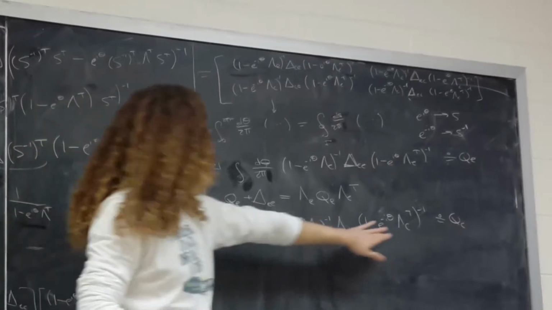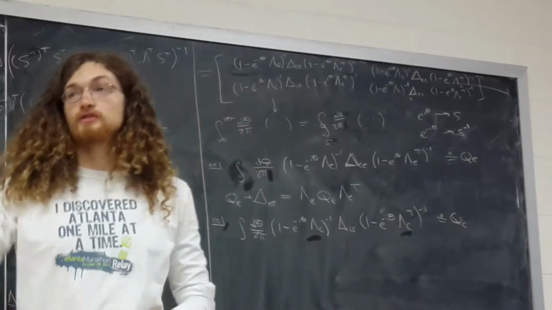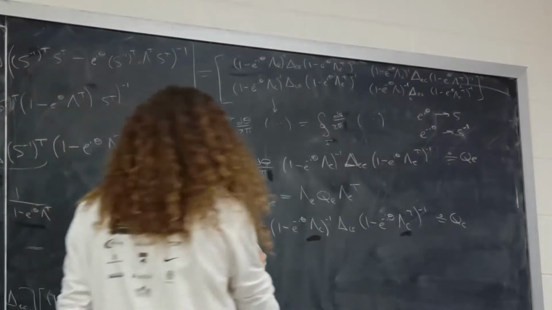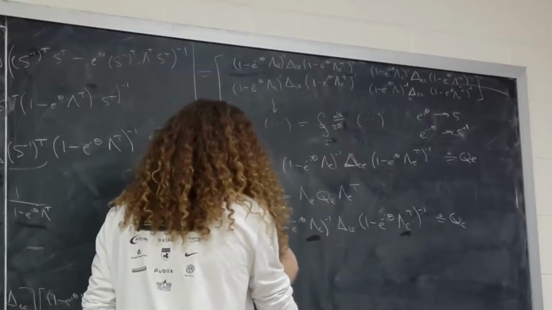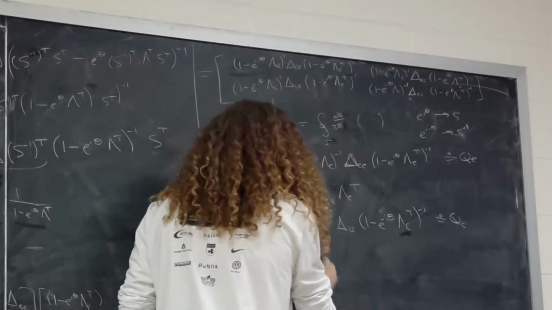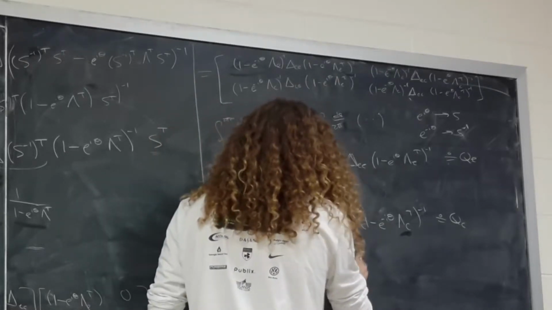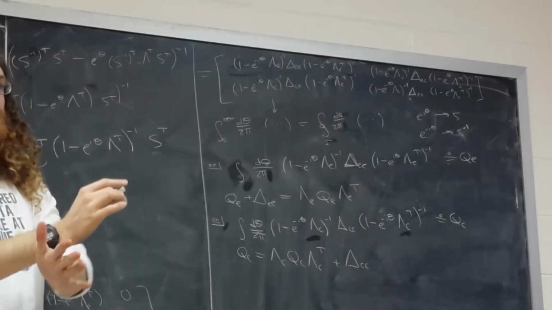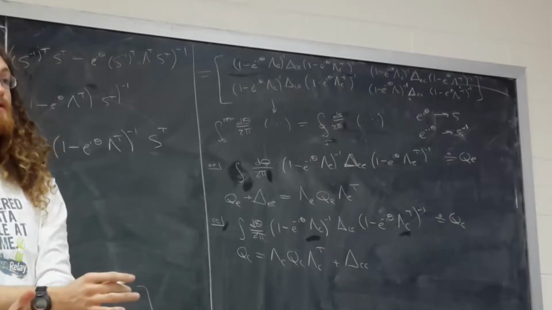Again, we have the same matrix here and here, so it looks just like this one, but with lambda c instead of lambda, and delta cc instead of full delta. So this integral is equivalent to solving QC equals lambda c QC lambda c transpose plus delta cc. These are our two separate equations that we're solving in the two separate subspaces.